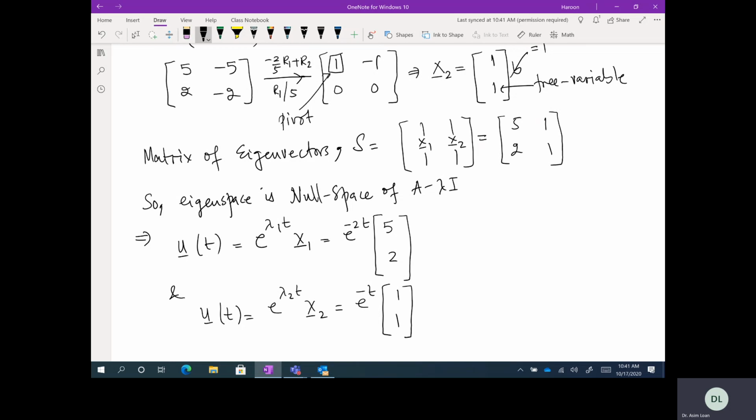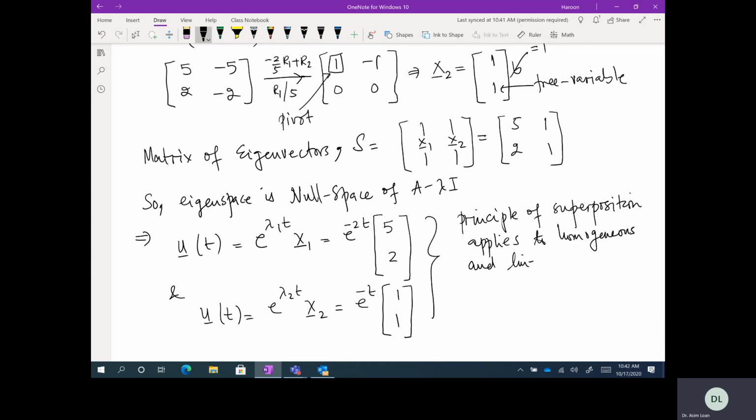However, since this is a linear system, the principle of superposition applies. The principle of superposition applies to homogeneous and linear differential equations.